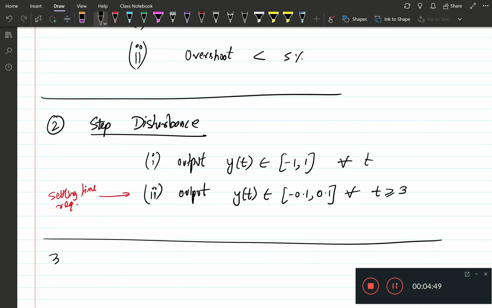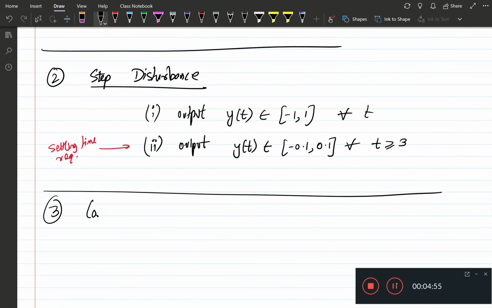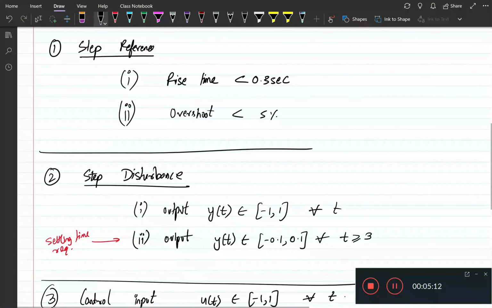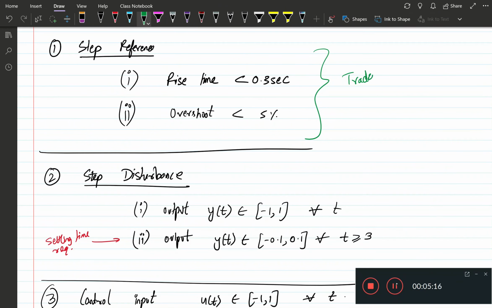And then we have a third, input saturation requirement. So the control input u of t must be between -1 and 1 for all times. So this is the tracking objectives.